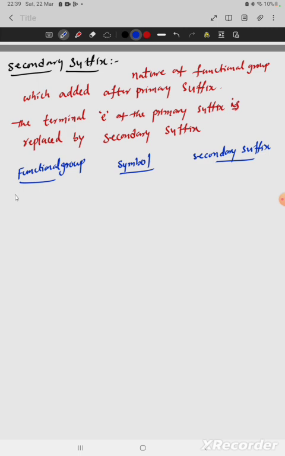For example, the functional group is alcohol, its symbol is OH, and the suffix is OL.